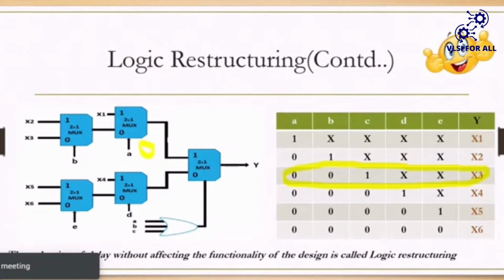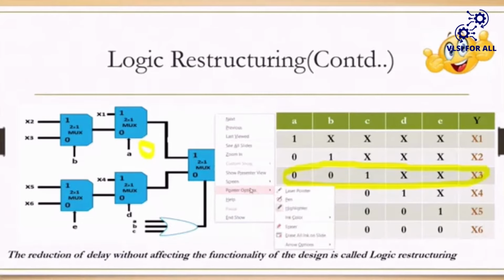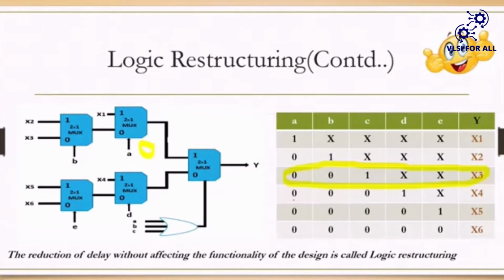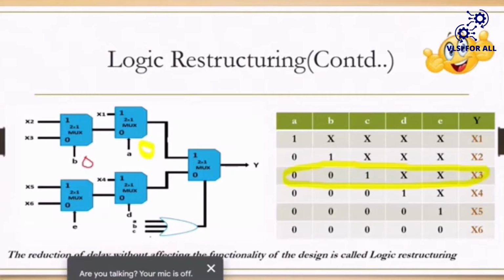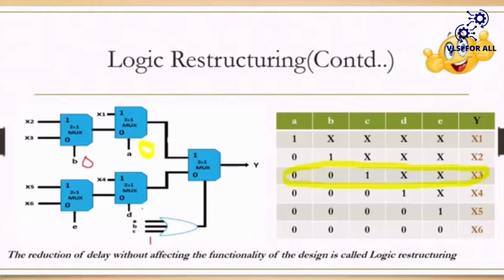See, this example I am taking. For example, A, let's take this as 0. A0 and B0, C1, D 0 or 1.